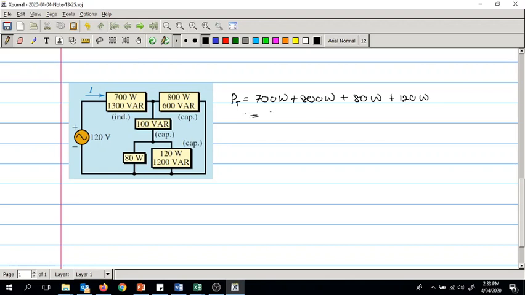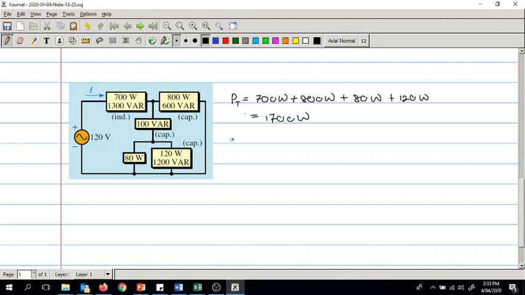So this is equal to 1700 watts. Let me double check it with the calculator. I don't want to make any mistake in here. So 800 plus 80 plus 120, which is 1700, right?